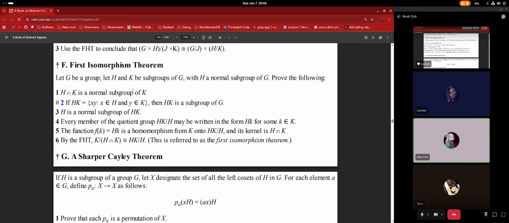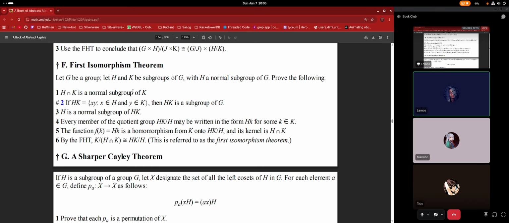Yeah. Actually, for point 3, I think the salient thing to pay attention to is that all of H is inside of HK, because HK is the combination of elements from both of them, and if you combine every element of H with the identity from K, then you get H. You know that every element from H will be there. Yeah, that's for sure.